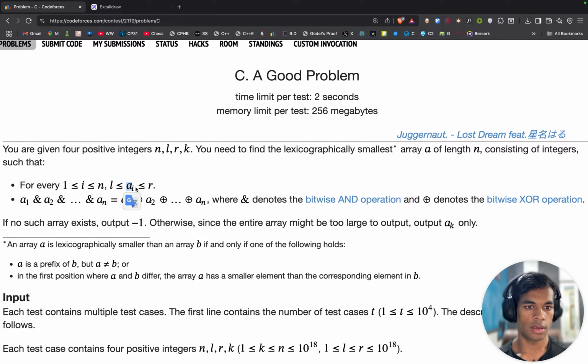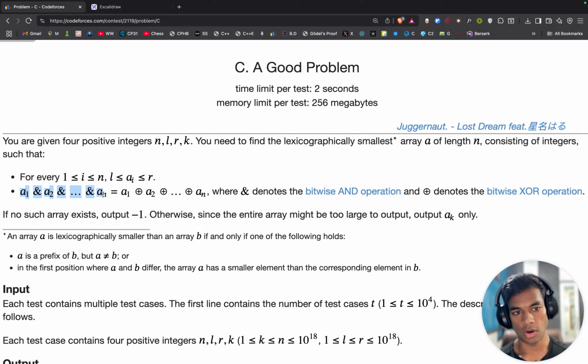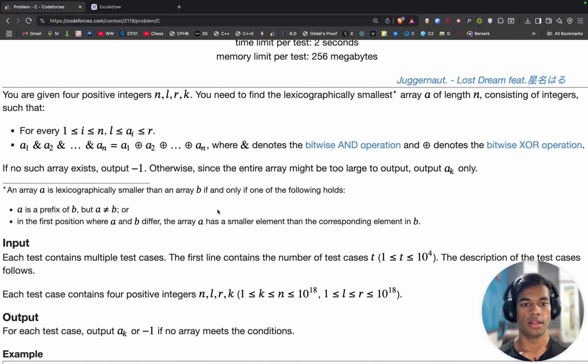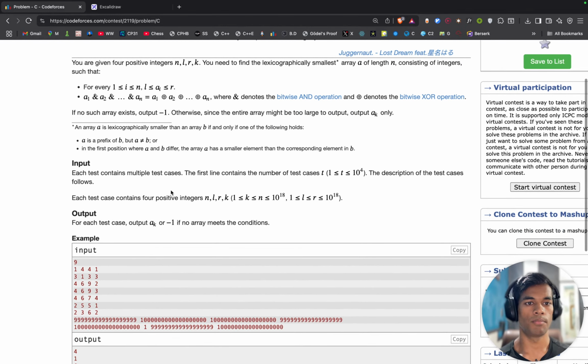Every element in that array has to be greater than or equal to L and smaller than or equal to R. And second condition, if you take the bitwise AND of all the elements in the array, that has to be equal to the bitwise XOR of all the elements in the array. That is cool. If no such array exists, then output -1. Otherwise, output the kth element of that array.